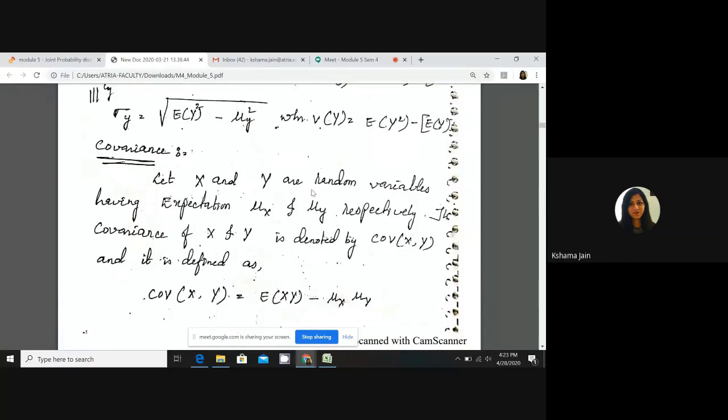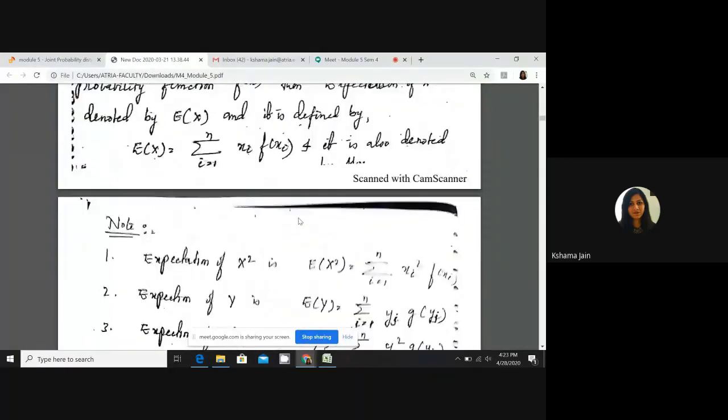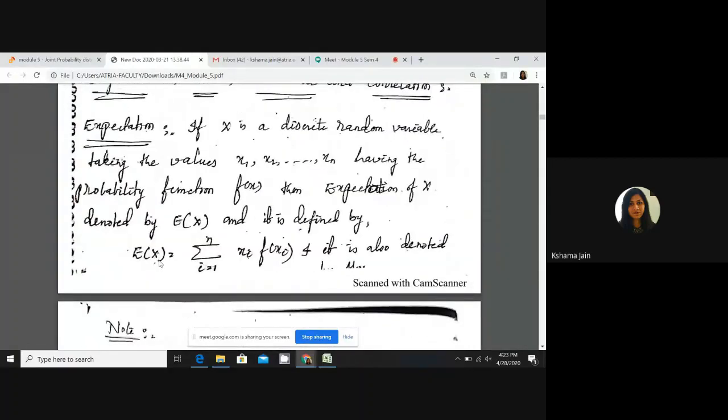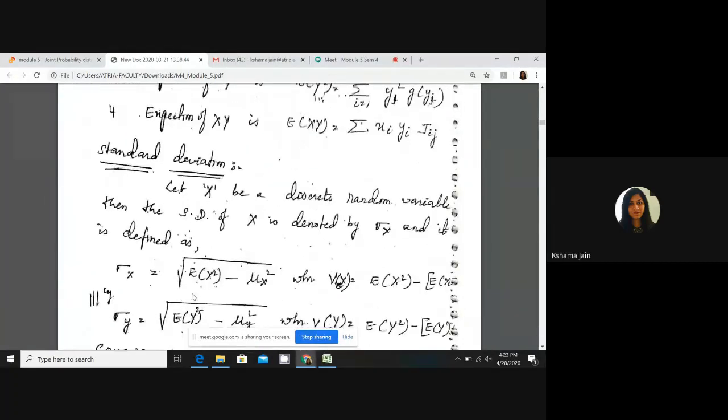So let x and y be random variables having expectation mu x and mu y. One more thing I forgot to tell you, sorry. Here E of x is nothing but the mean, mu x. Expectation is denoted this way. Here we have written E of x square minus, and here you could write E of x whole square. There is a difference between E of x square and E of x whole square.